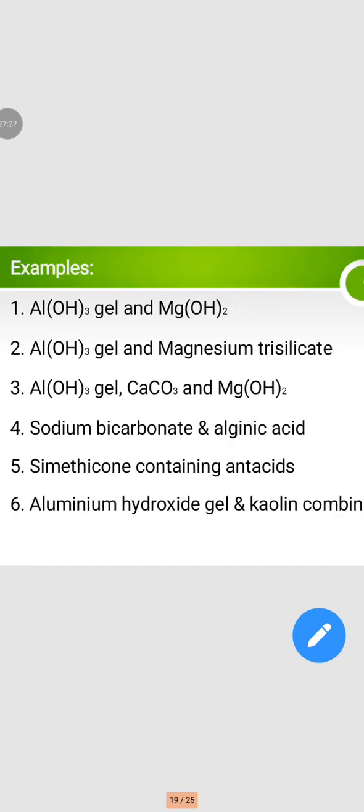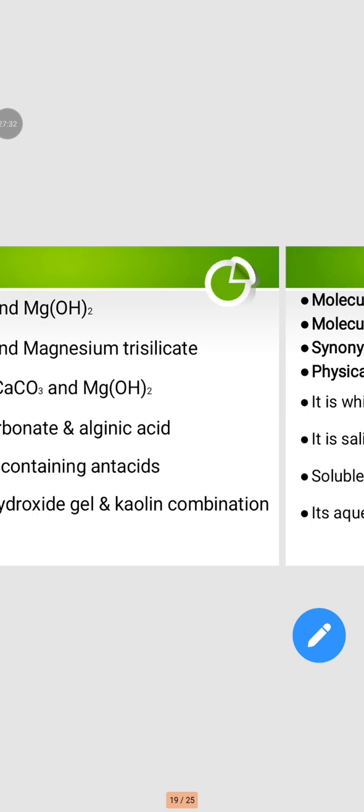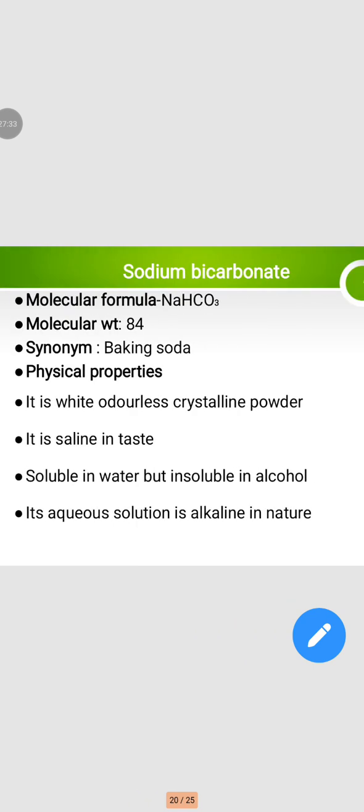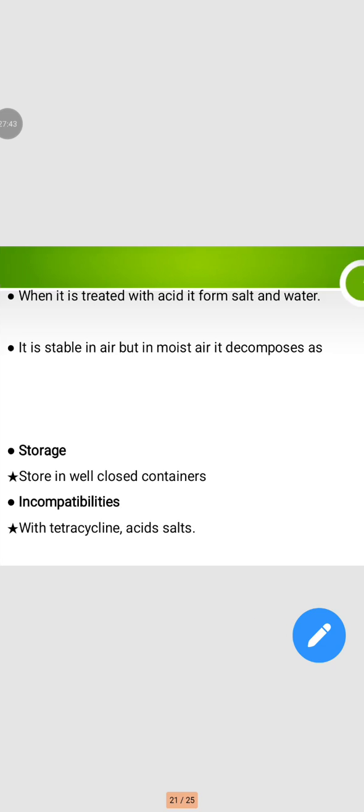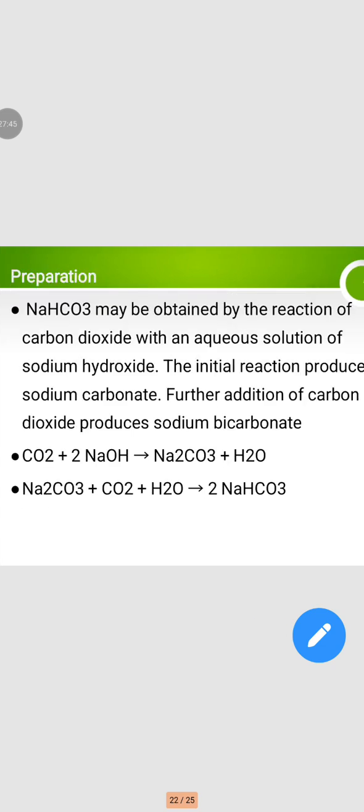Then examples: aluminum hydroxide gel and magnesium hydroxide, aluminum hydroxide gel and magnesium trisilicate, and so on. Then the example is sodium bicarbonate, another name of which is baking soda. We discussed the physical properties and the preparation. Carbon dioxide is reacted with sodium hydroxide to form sodium carbonate.